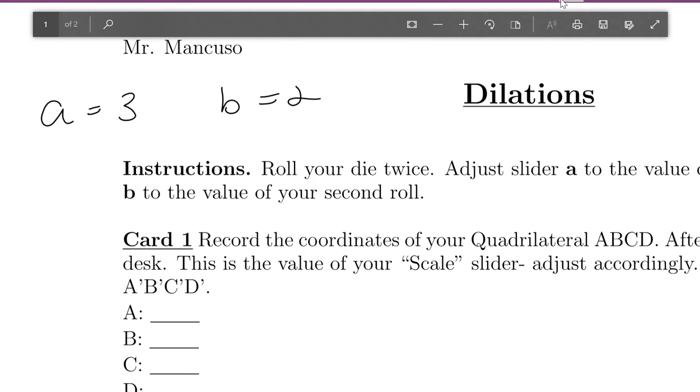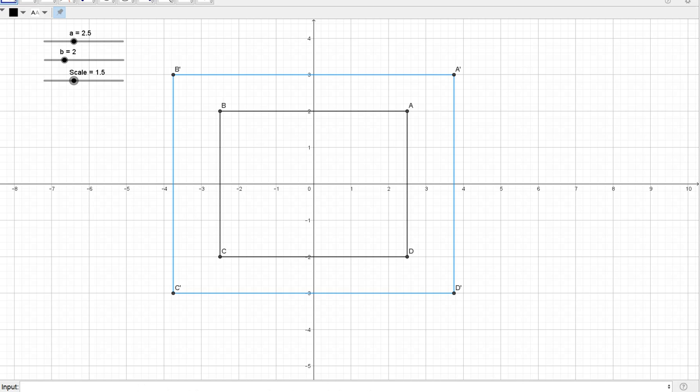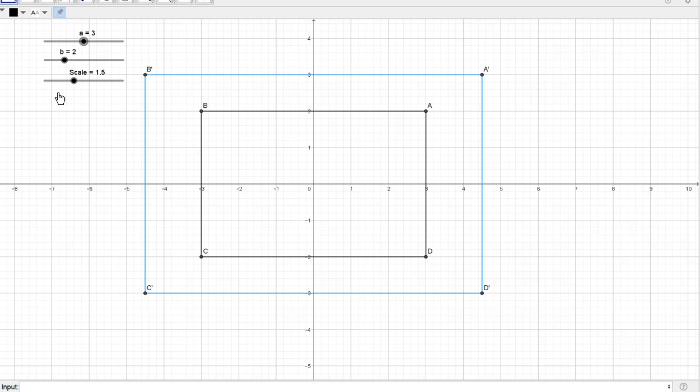So with an A value of 3 and a B value of 2 for our sliders, let's say that our scale factor should be 3. So first we're going to adjust our A to 3 and our B to 2. So A to 3, B is already at 2. And we're going to record the coordinate points for A, B, C, and D. Well, A is (3, 2).